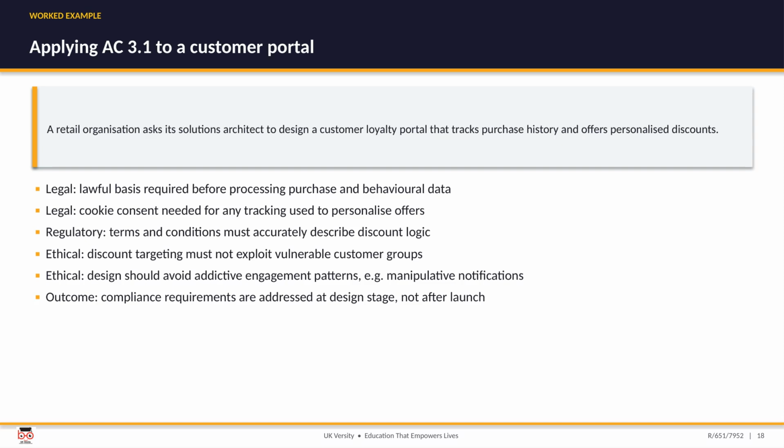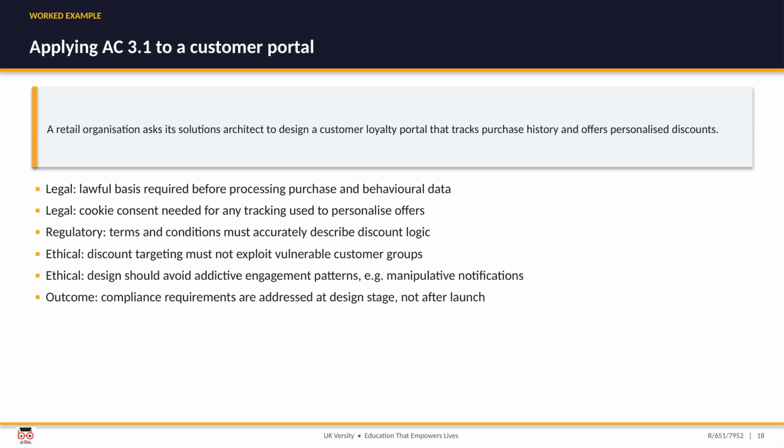Let's make all of this concrete. Imagine a retail organization asks you to design a customer loyalty portal that tracks purchase history and offers personalized discounts. Legally, you'd need a lawful basis before processing that purchase and behavioral data, and cookie consent for any tracking used to personalize offers.